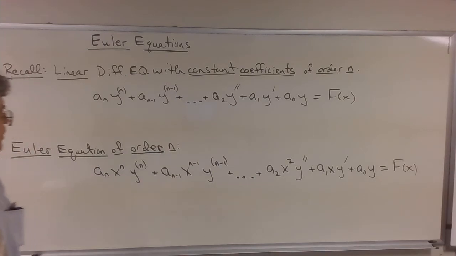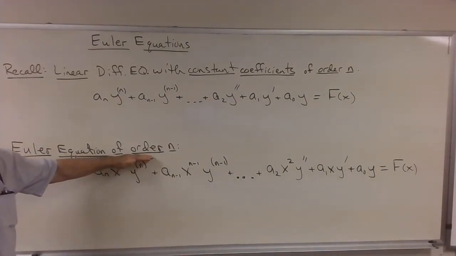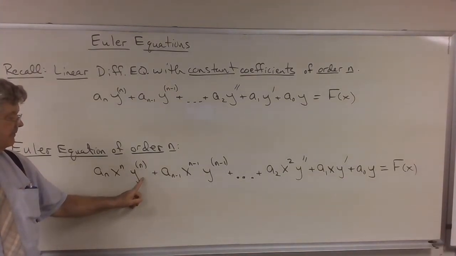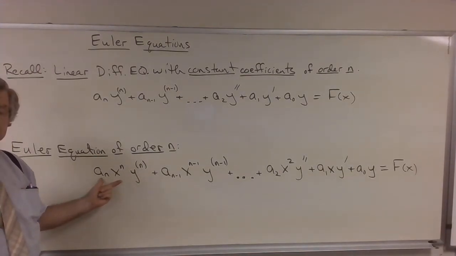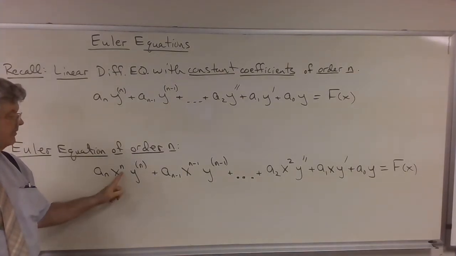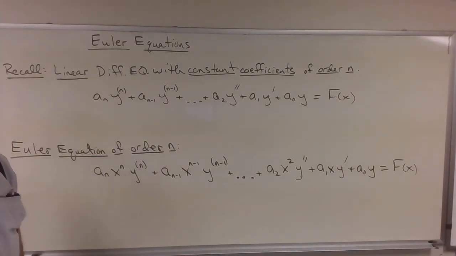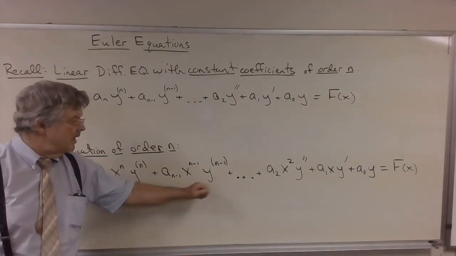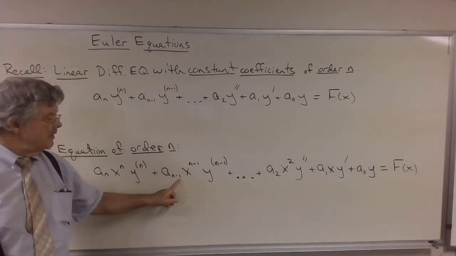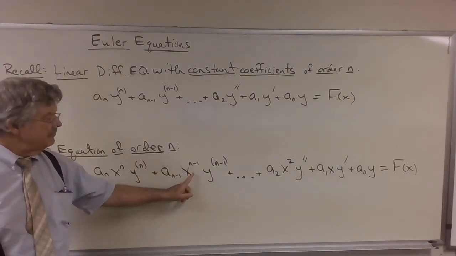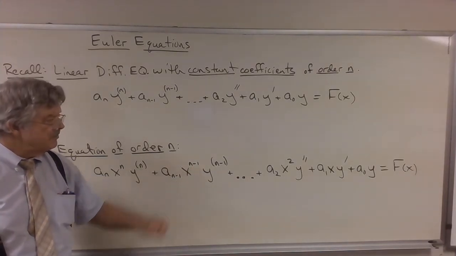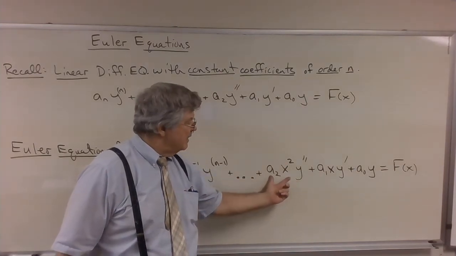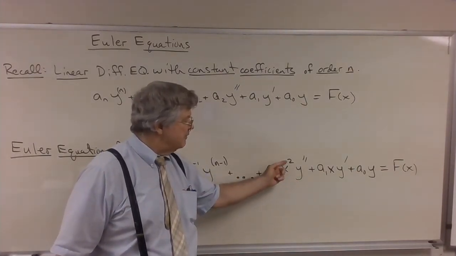With an Euler equation of order n, the coefficient of the nth derivative is a monomial in x of degree n. The coefficient of the n minus first derivative of y is a monomial in x of degree n minus 1. The coefficient of the second derivative of y is a monomial in x of degree 2.